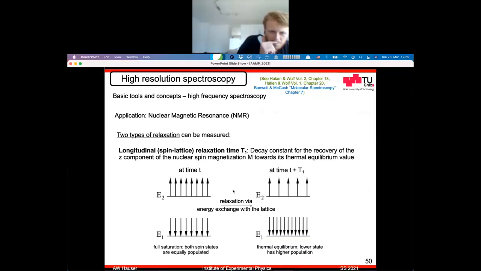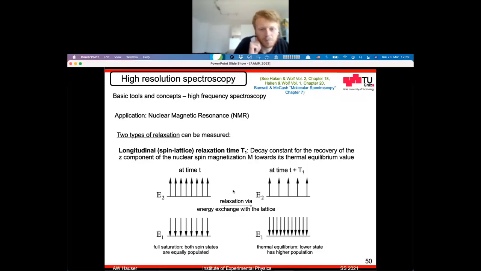It's not steady, because we have the situation of a top in a field where a torque is acting, and therefore it is doing this precession motion. So all our magnetic dipoles are circulating on some cone. And if you look at what's constant, you see that only the projection of this mu onto the axis of your field is constant in time. This is called the longitudinal magnetization of your sample.